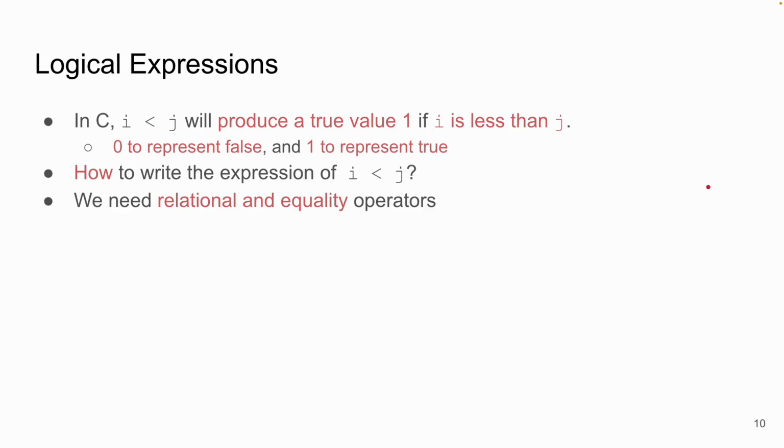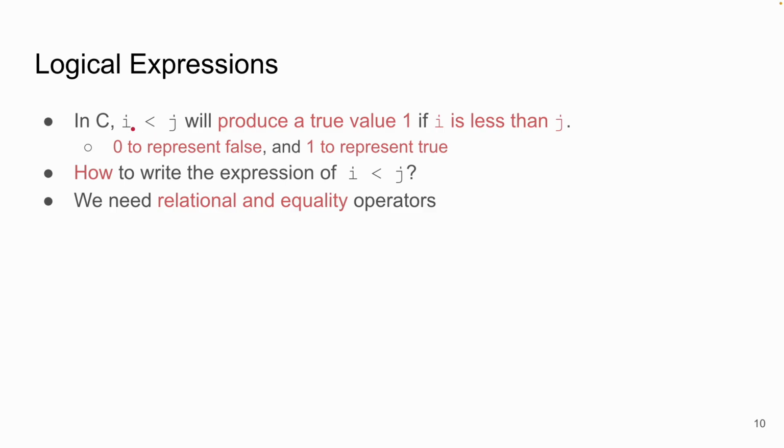In C, if we write down an expression like this, it will produce a true value, that is 1, if I is truly less than J. Let's assume that I and J are two integer variables. If the value of I is less than J, then this logical expression will produce true.